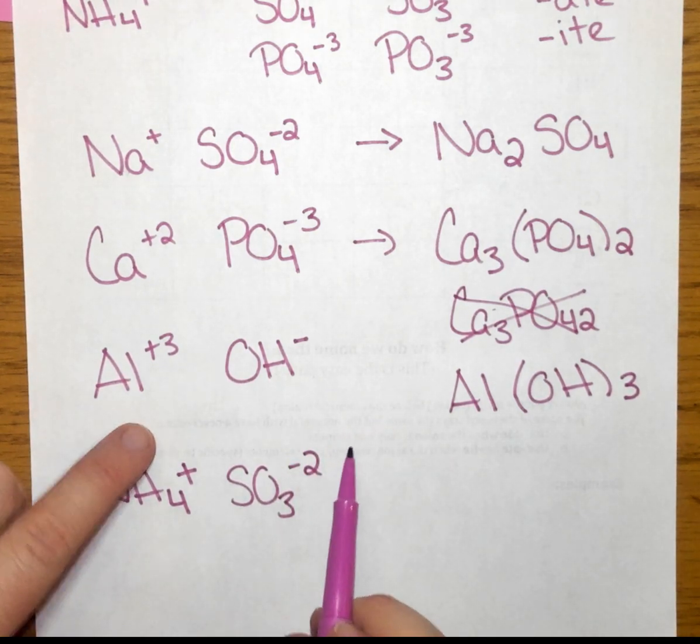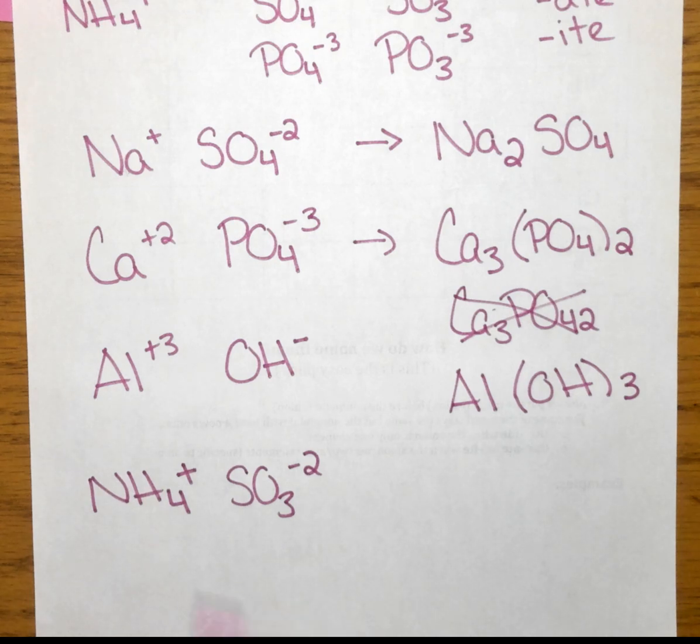I can crisscross my charges, but I also want you to think, if NH4 has a +1 charge and SO3 has a -2 charge, how many NH4s would I need to balance out the -2 charge on my sulfite? 2.